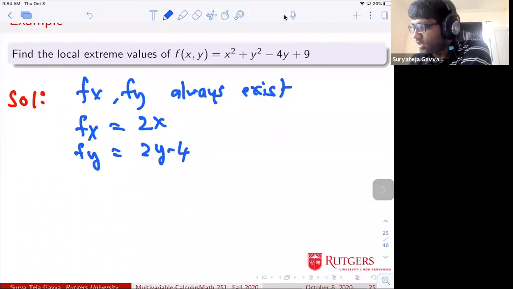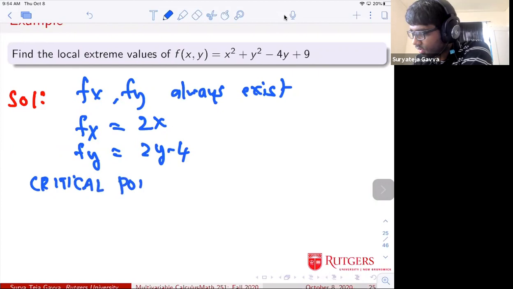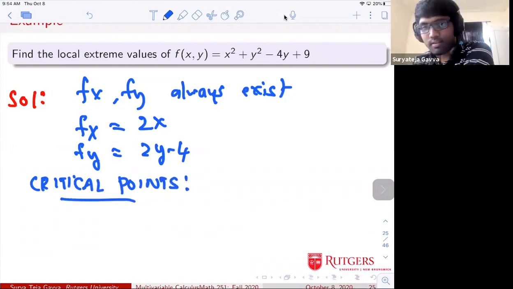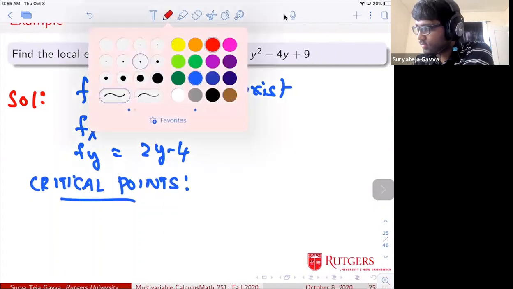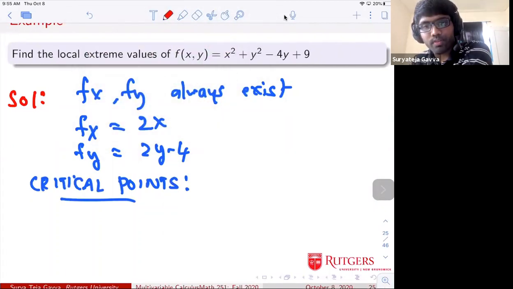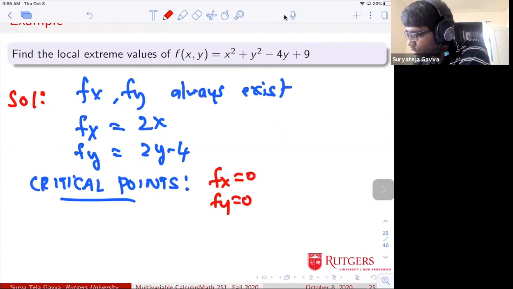Can you tell me the critical points now? That means fx equals 0 and fy equals 0, which implies 2x equals 0 and 2y minus 4 equals 0.